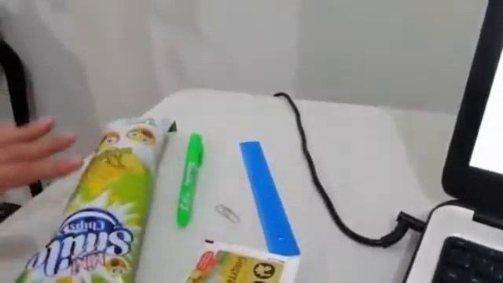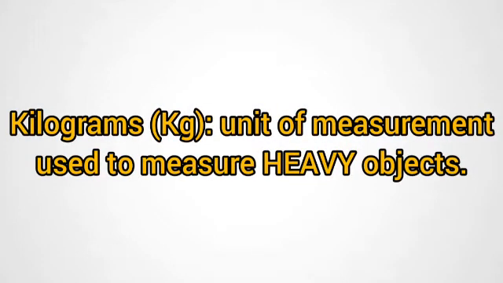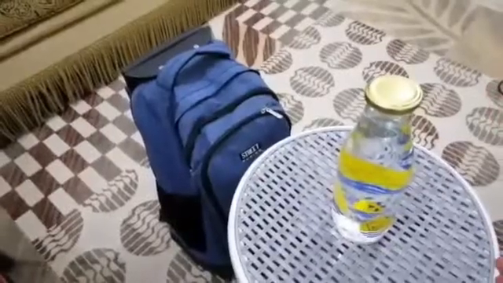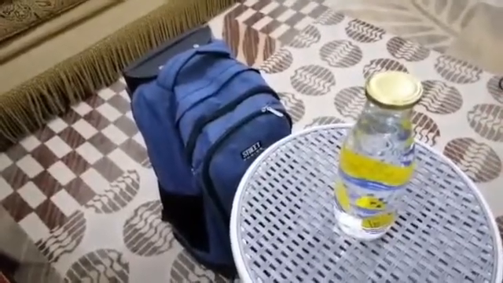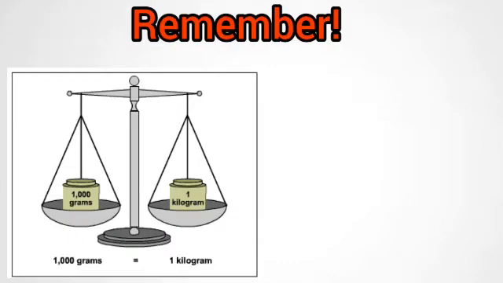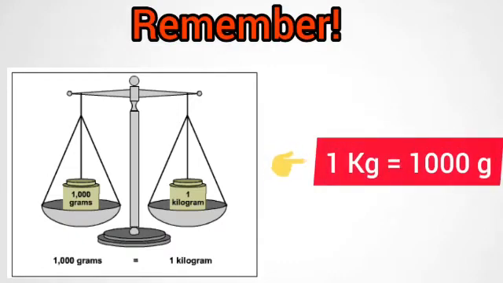These are light objects. The other unit is kilograms, which is used to measure heavy objects like a bottle, table, and school bag. And you should know that every 1 kilogram equals 1000 grams.